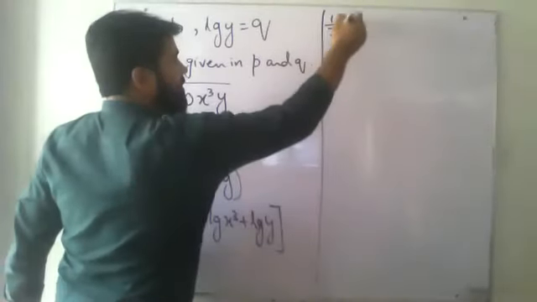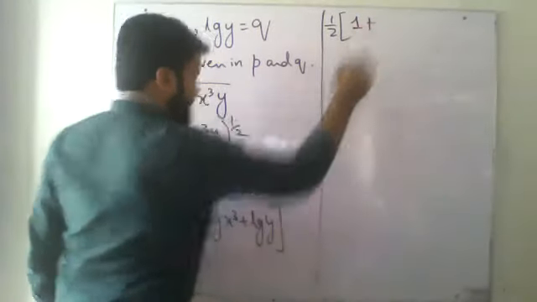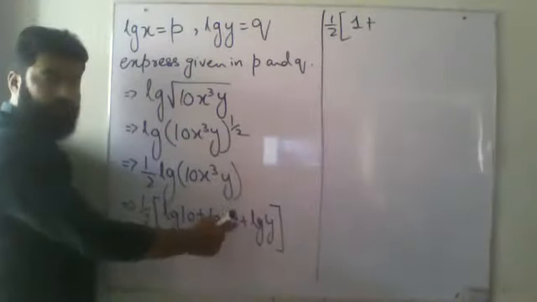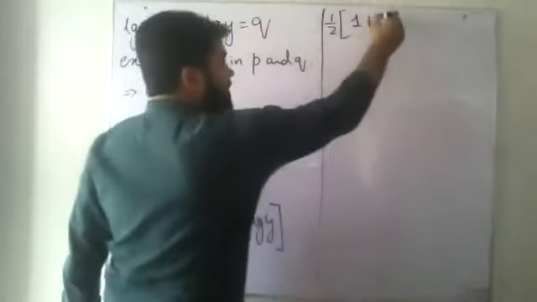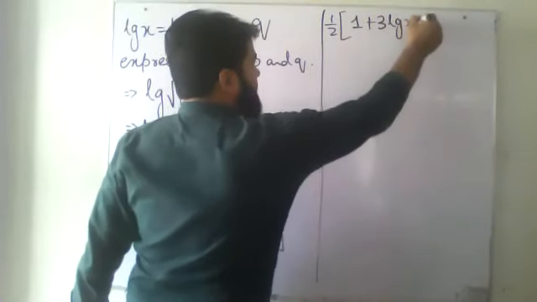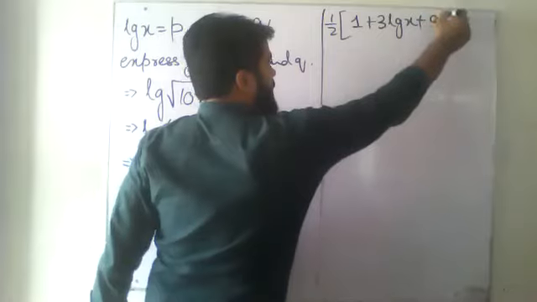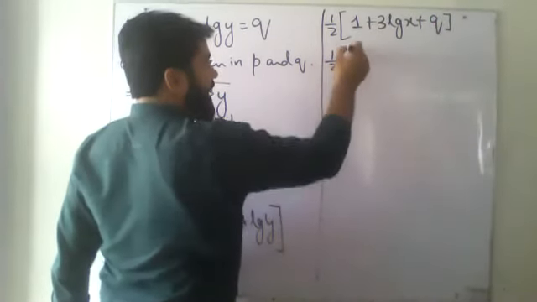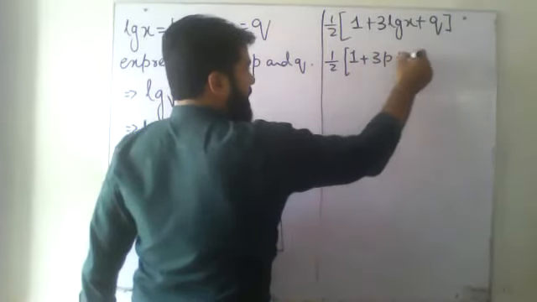Now half log 10 will become 1, plus x has a cube, so I can't apply this directly. So I'm shifting cube before log, 3 log x plus log y, where log x is p and log y is q. When I simplify it, half (1 plus 3p plus q).